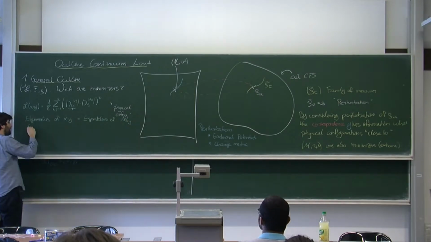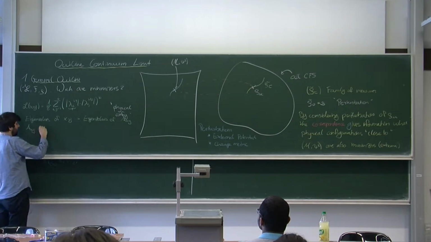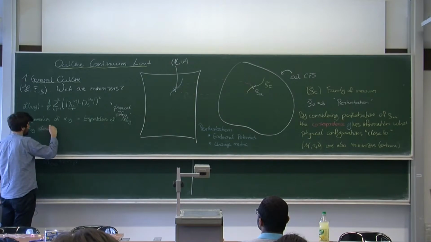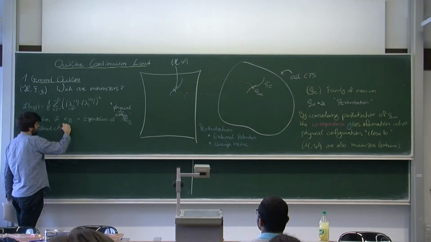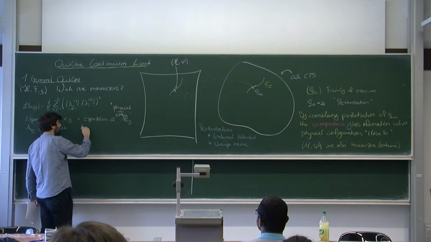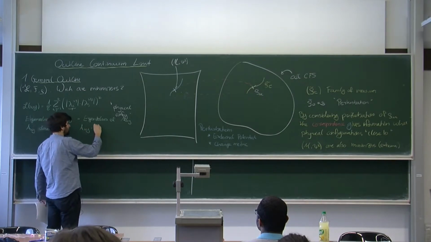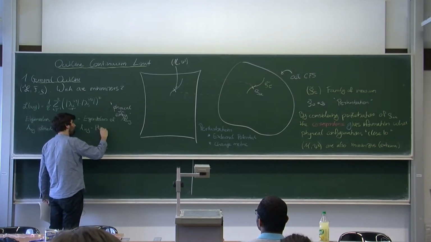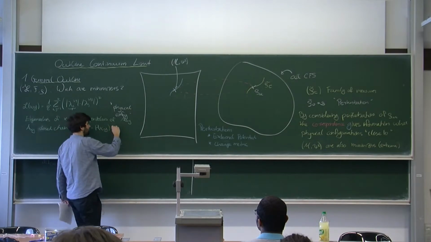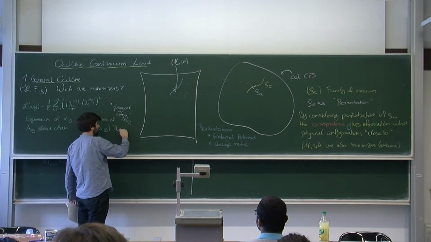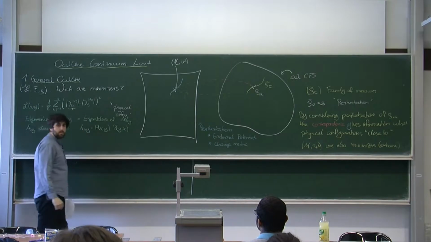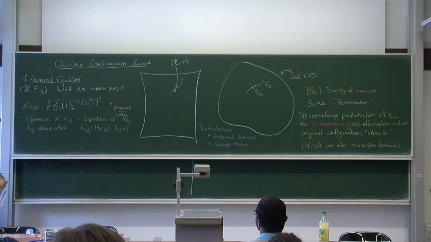So A_xy was the closed chain, defined as P of xy times P of yx. If you look again at your notes from yesterday, this is what happened.